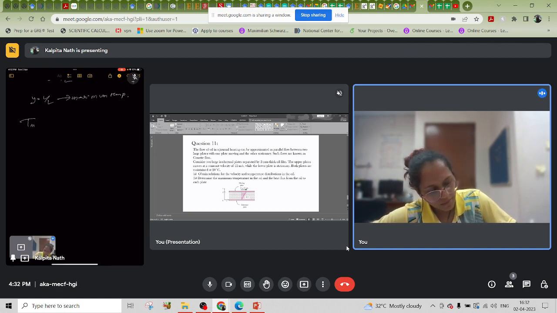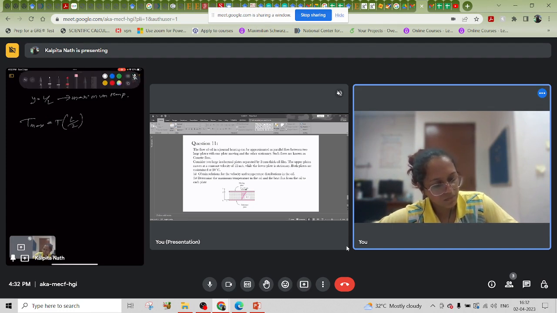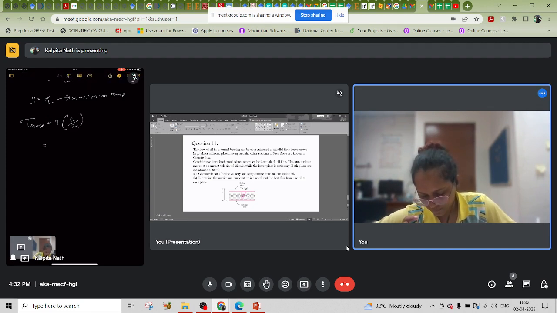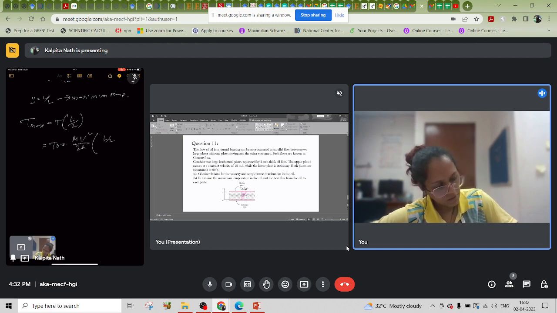Now, what is the maximum temperature? Just put y is equal to L by 2. This gives T0 plus mu V square by 2k times L by 2 by L minus L by 2 whole square by L square, which is T0 plus mu V square by 8k.